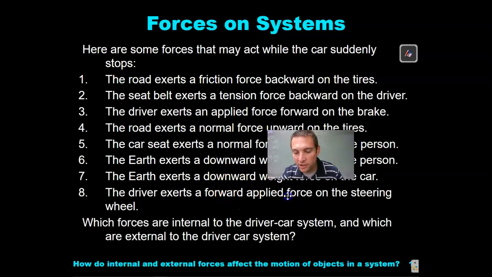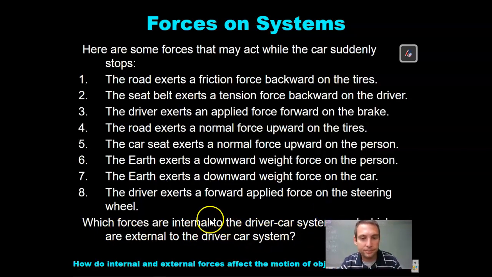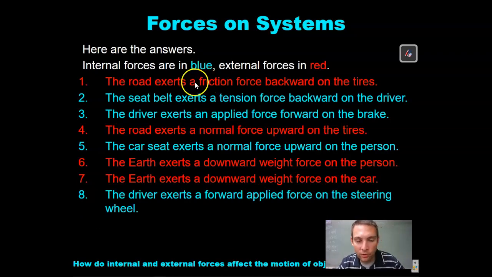Which forces are internal and external to the system? I'm going to read that again because I don't think I read it properly. Which forces are internal to the driver-car system, and which are external to the driver-car system? In blue, we're looking at the internal forces, the driver and the car.